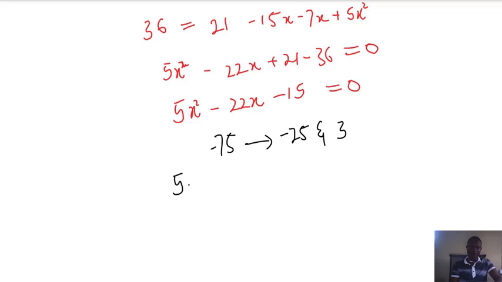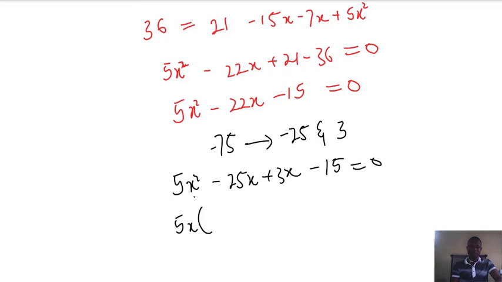Okay, so we have 5x squared minus 25x plus 3x, then minus 15 equal to 0. So here let's do the factorization for the first two and then the last two. For the first two, we have a common factor of 5x, then here is x minus 5.